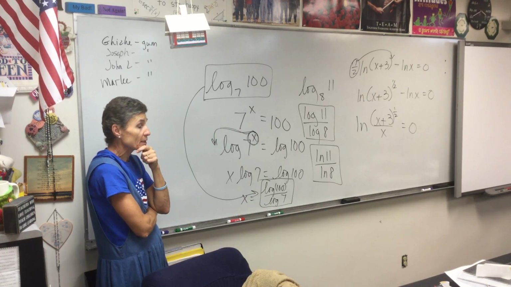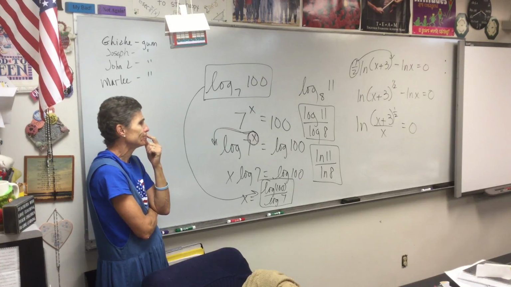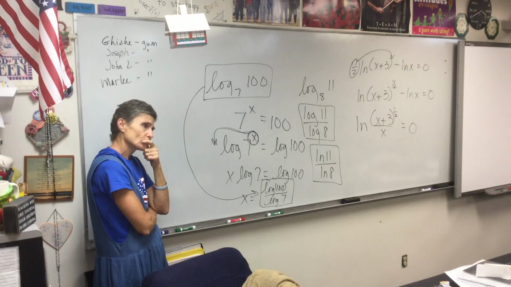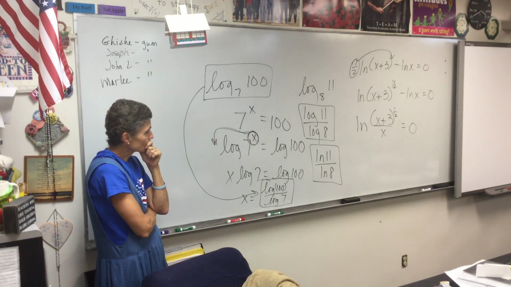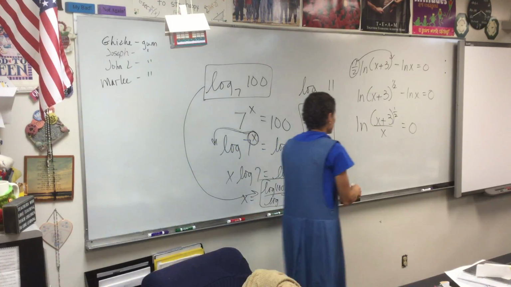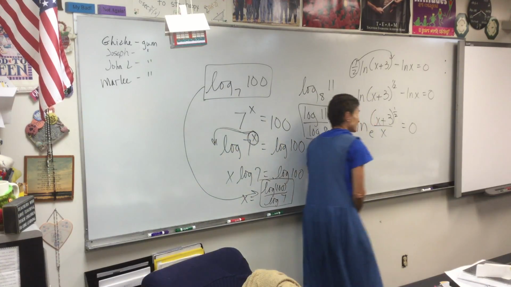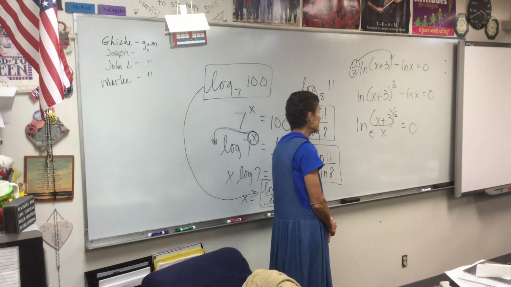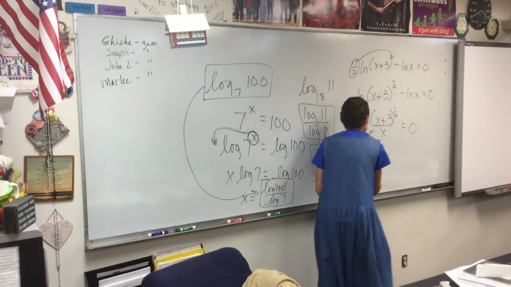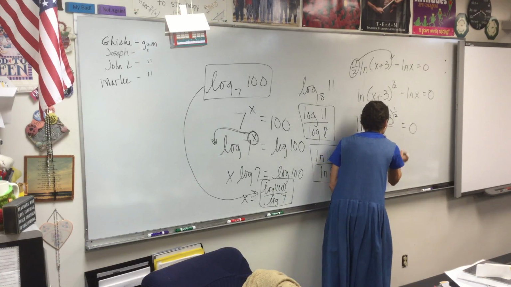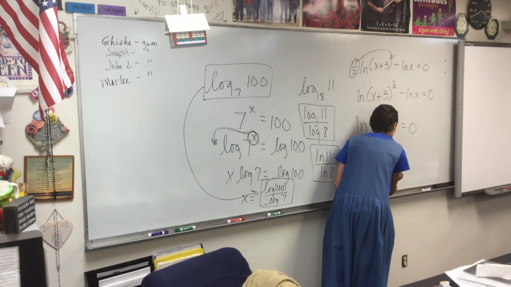We don't get out of here till we get this figured out. So, yes! She says, look, the base here is e. Logarithms do not compute in my brain, so I'm going to translate it. e to the 0th equals (x plus 3) to the 1/2 over x.